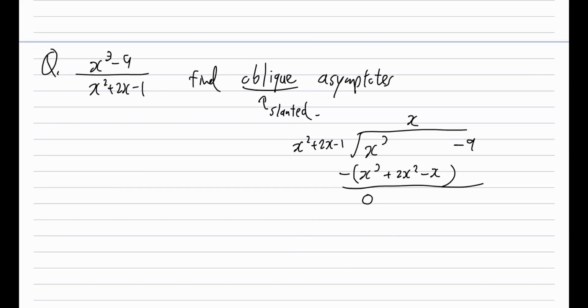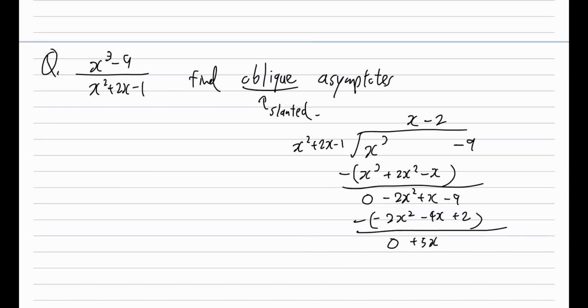Then minus 2x plus x... oh no, minus 2. Yes, therefore the answer is x minus 2 plus a remainder of 5x minus 11, all divided by x squared plus 2x minus 1. This is your oblique asymptote, y equals x minus 2.